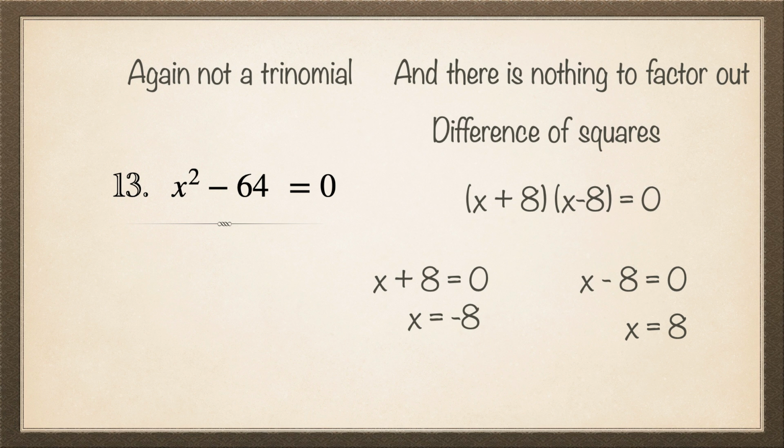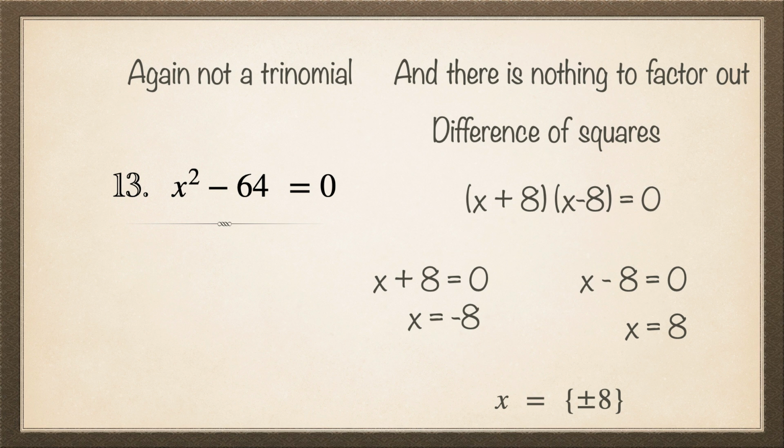All right, so now the answer is, I'm going to show you a fancy schmancy sign. X is equal to plus or minus 8. So that sign with a plus sign and a line under it is a plus-minus sign, or a positive-negative sign.